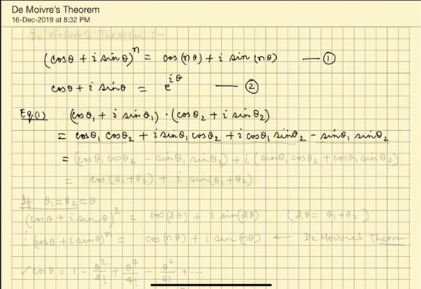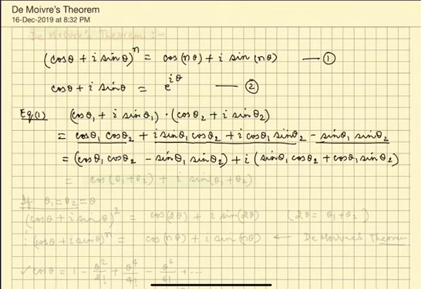Okay, if we collect all the real parts together and the imaginary parts together, what we get? See, cos theta 1 cos theta 2 minus sin theta 1 sin theta 2. This is the real part, and for the imaginary part, taking i outside, we can write: sin theta 1 cos theta 2 plus cos theta 1 sin theta 2, right?